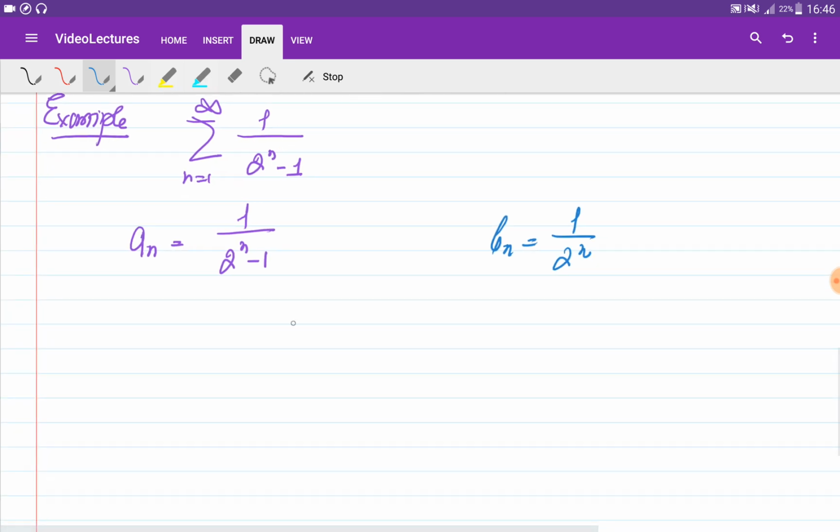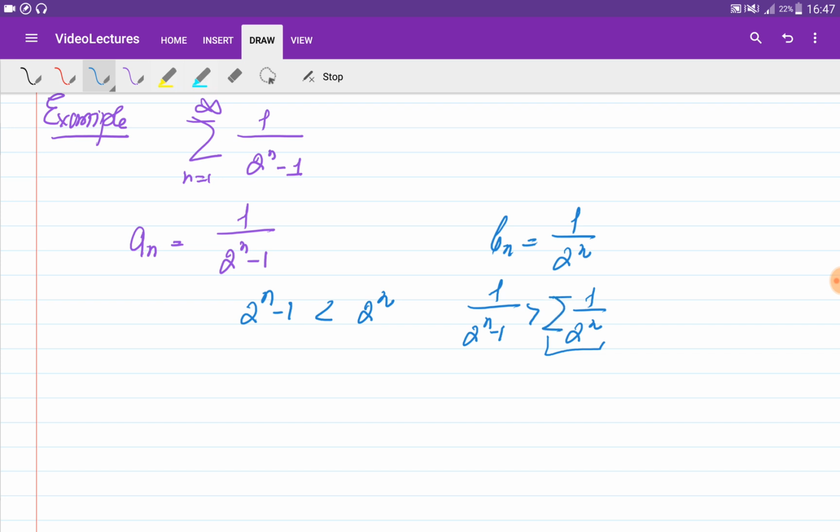So it is clear that 2^n minus 1 is going to be smaller than 2^n. If we take the reciprocals, 1 over 2^n minus 1 is going to be bigger than 1 over 2^n, right? So what I want to say is that this series is convergent, right? If I take the sum, the series is going to converge.